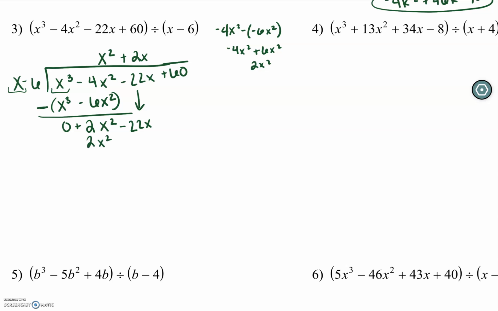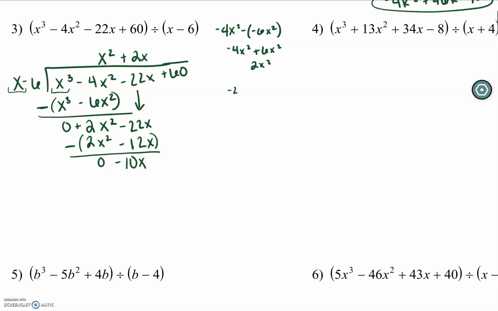So just like in regular division, we're going to subtract that. Remember, we're subtracting the whole line, so don't forget that that subtraction sign applies to both terms. 2x squared minus 2x squared would be 0. Negative 22x minus a negative 12x would really be negative 22x plus 12x, which would be negative 10x.